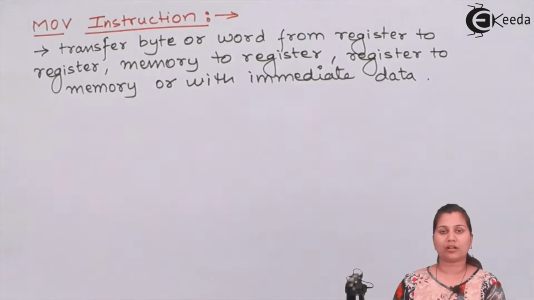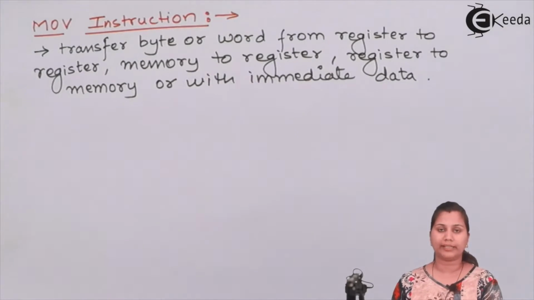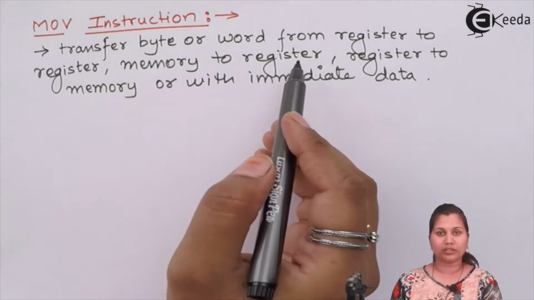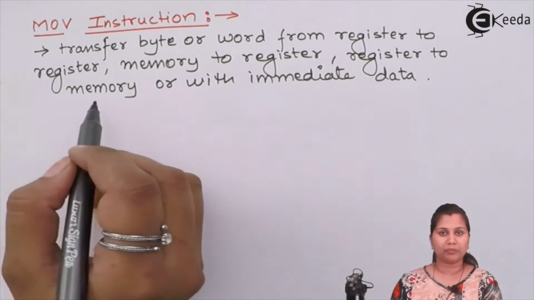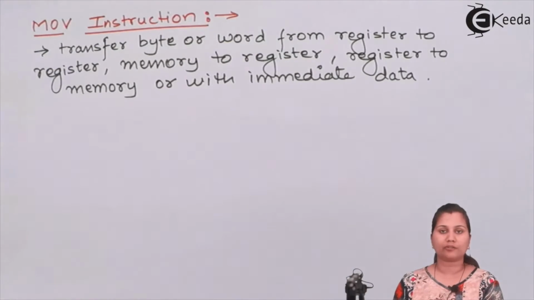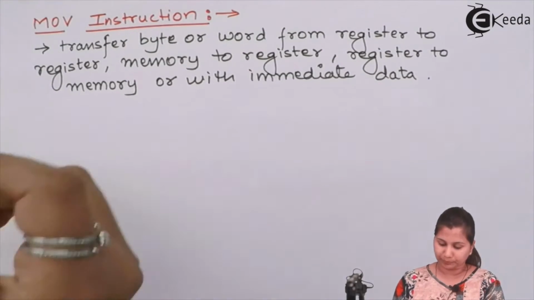This move instruction is used to transfer the data from register to register, from memory to a register, from a register to a memory location, or with immediate data. The data is not really moved, it is just copied from the source to the destination.